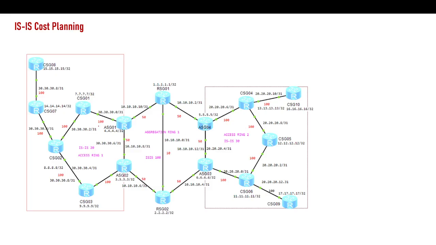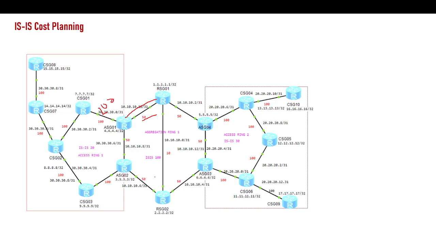Which values to use? This one purely depends on the requirements on your network or how it's designed. Many times for the aggregation link connection, you can set a cost of 50. This one is just a sample, but it purely depends on your network. You can go ahead and use 100 here, use 200 here, depending on the network and also the design requirements of your network.